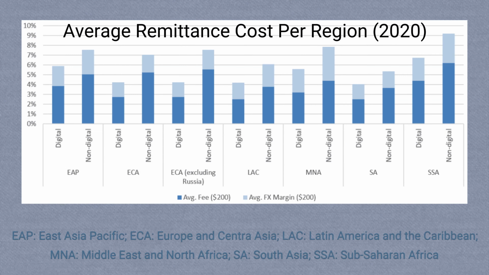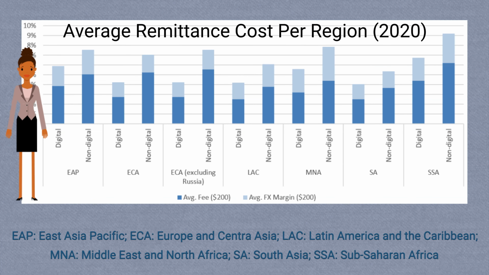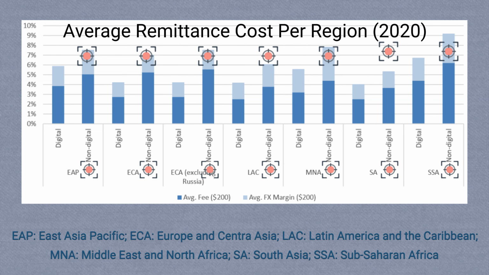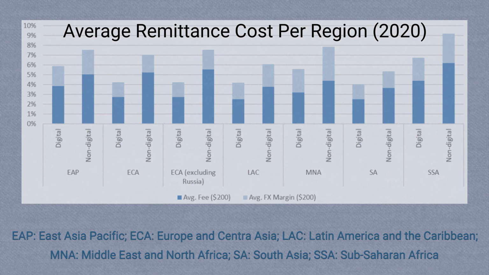As we can see here, transfer providers typically earn more revenue from transaction fees than from the foreign exchange margin. Additionally, cash services like banks are more costly on average to remitters than digital services like mobile transfers. Let's look at a few of the global trends in this area.